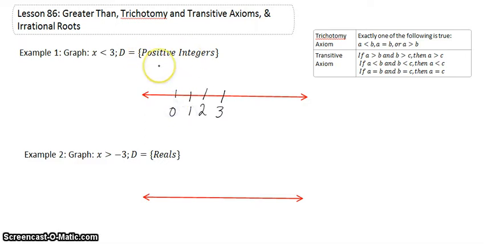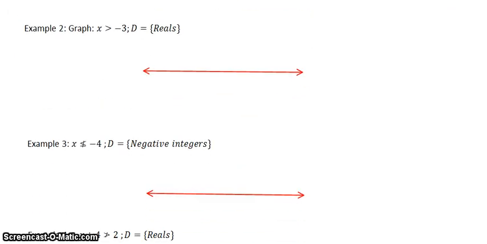Now positive integers, we're just going to put dots on the numbers because we do not want to include fractions. So it's just going to be 1 or 2 because of our domain.